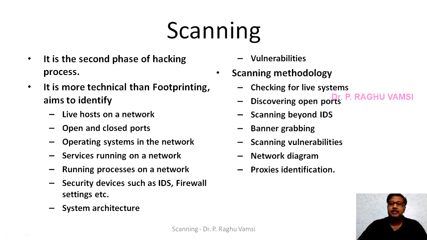After banner grabbing, we need to perform scanning for the vulnerabilities, and there are vulnerability databases. We can check the possible vulnerabilities available in the version of the services and other network services running on the network or target computer, and we use that version to check for the availability of vulnerabilities.